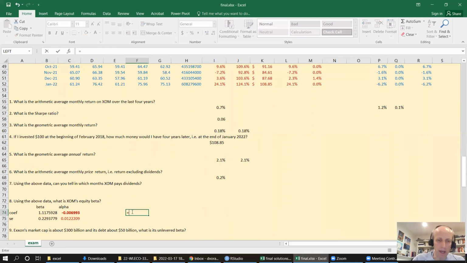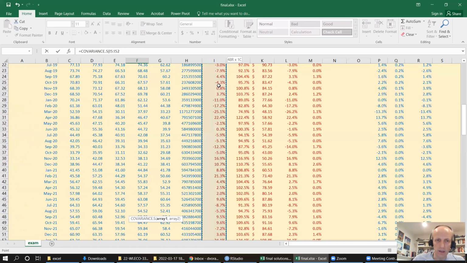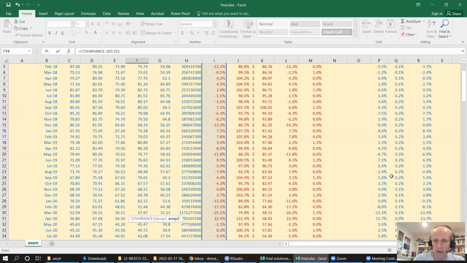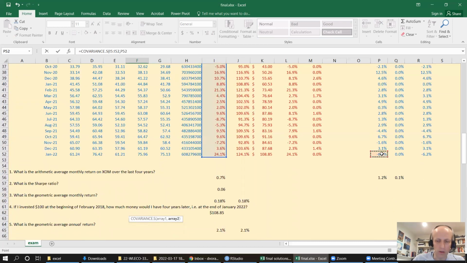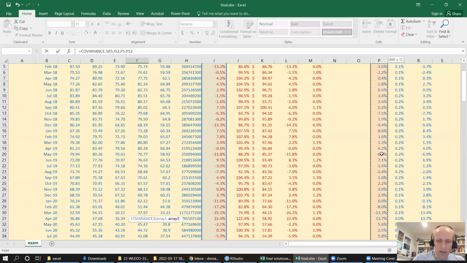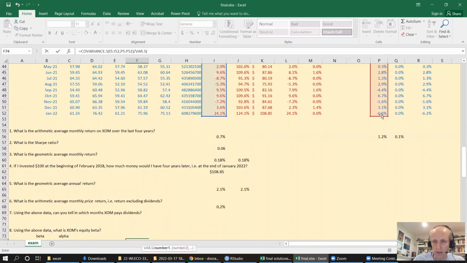We could do this another way. We know that beta is just the covariance between the return on Exxon and the return on the overall market, divided by the variance of the overall market, which is this column.